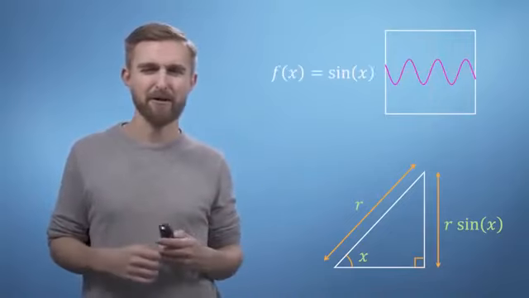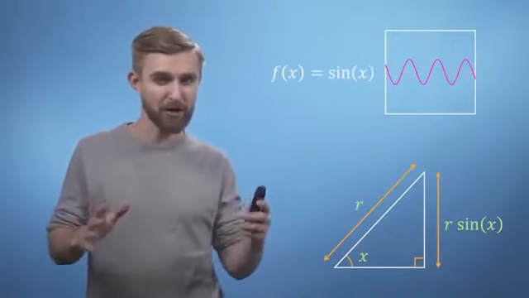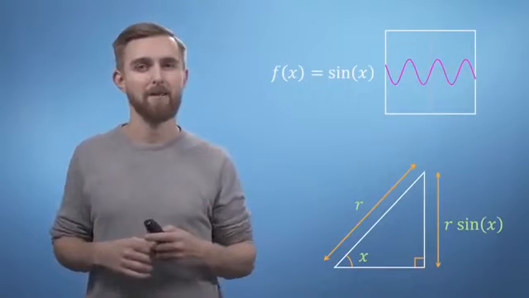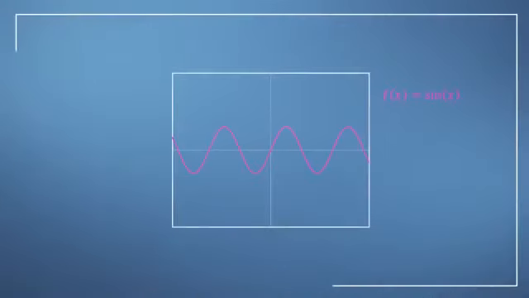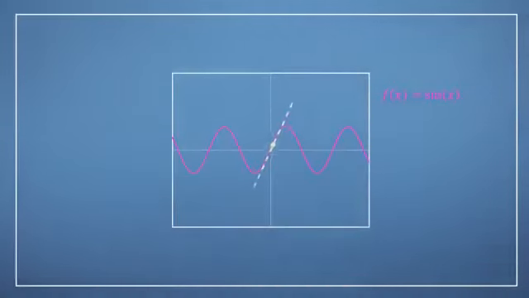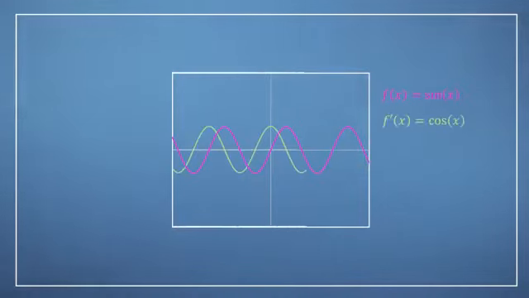Let's take a look at this function and see if we can work out what shape its derivative would be by eye. So, sine x starts with a positive gradient, which gently decreases until it's 0 at the top of the bump, and then it starts being negative again until it gets to the bottom of the next bump, and it turns out that the derivative of sine x is actually just cosine x.